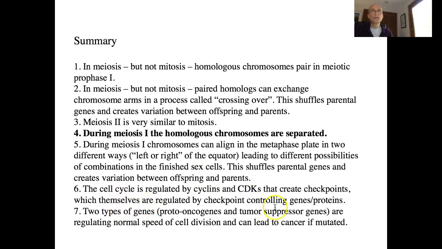And then we talked a little bit about cell cycle, and we talked about the regulation of the cell cycle, how CDKs and cyclins are involved in that. And we talked about genes that have to do with promoting or suppressing the cell cycle in general, and how when something goes awry with them, that can lead to cancer.